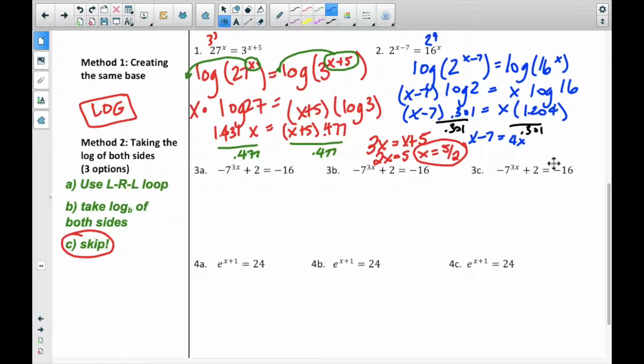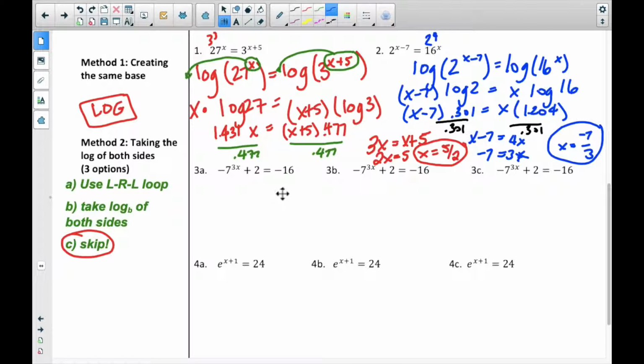Okay, when we divide by 0.301, again, if you just use the copy-paste function and don't round, that comes out to be exactly 4x. So now we're going to subtract x from both sides and divide by 3, and we get x equals negative 7/3. And again, if you look at your notes from a couple of weeks ago, that's what we came up with there too. It's just a more straightforward way.